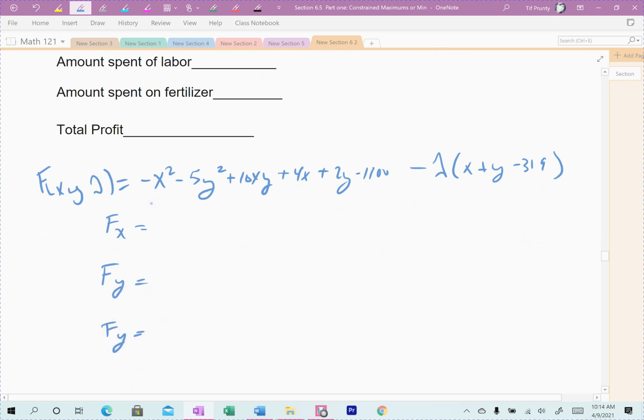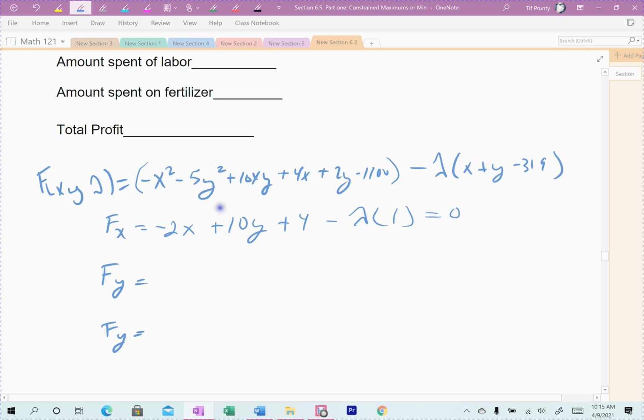All right, so first derivative with respect to x. So again, I look at my optimization function, take its derivative with respect to x. So I get negative 2x, the 5y squared goes away, plus 10y plus 4, minus lambda times the derivative of the constraint with respect to x. Well, there's only one x value, and so it's lambda times 1, and I go ahead and set it equal to 0 so I don't forget.